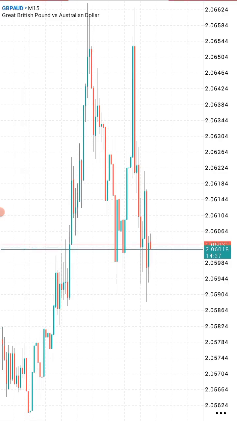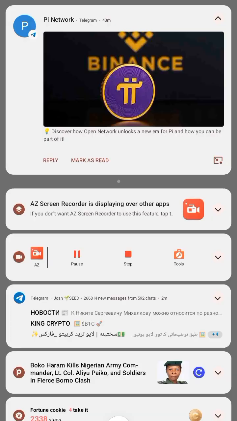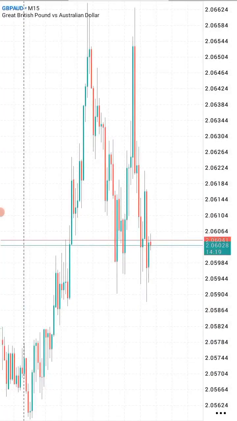Just a quick one. I want to show us a trading strategy and explain moving average to the simplest. Now, many traders have used moving average incorrectly many times.